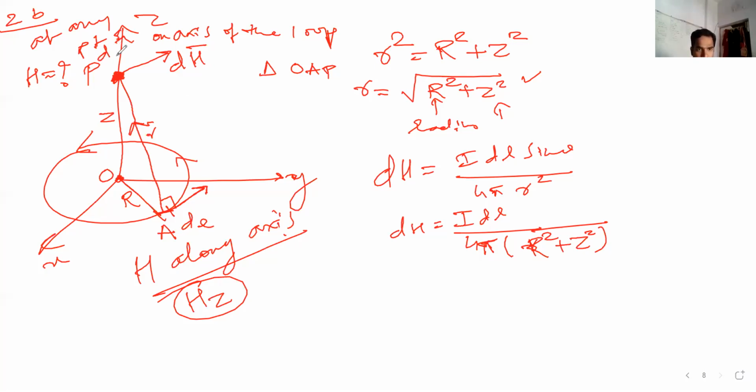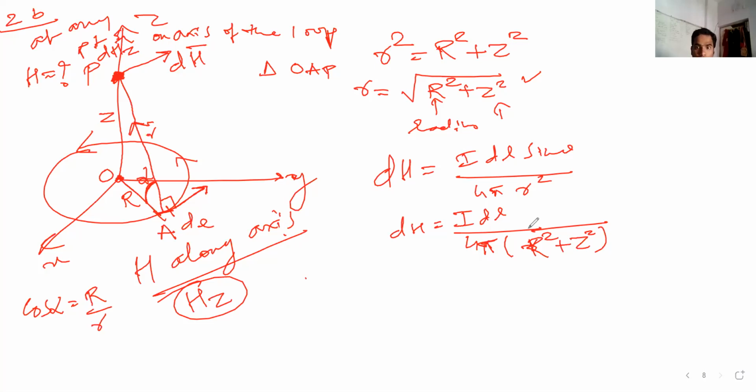Suppose this angle is alpha. So what will be cos alpha? Adjacent upon hypotenuse, which will be capital R by small r, right?